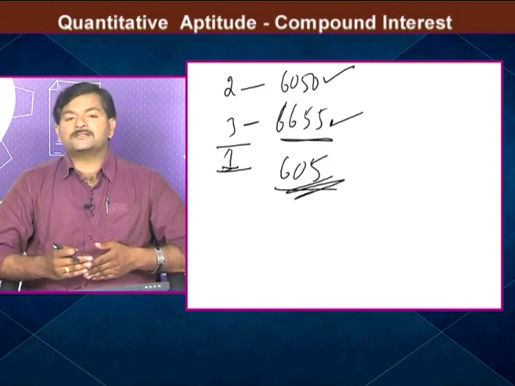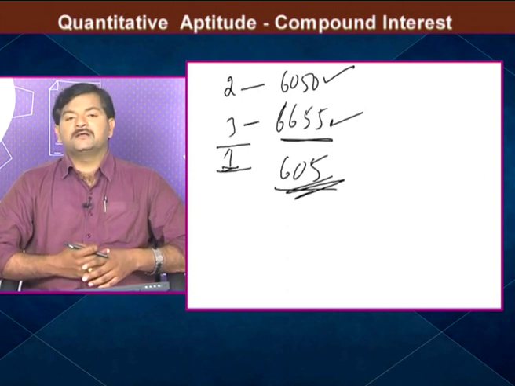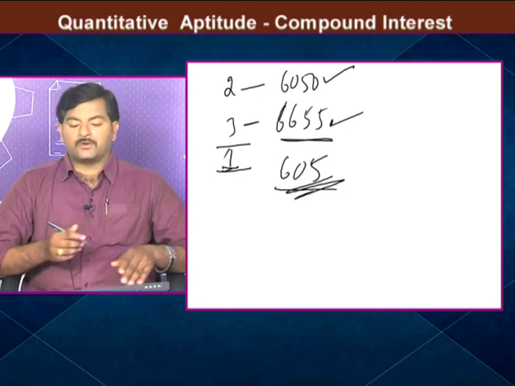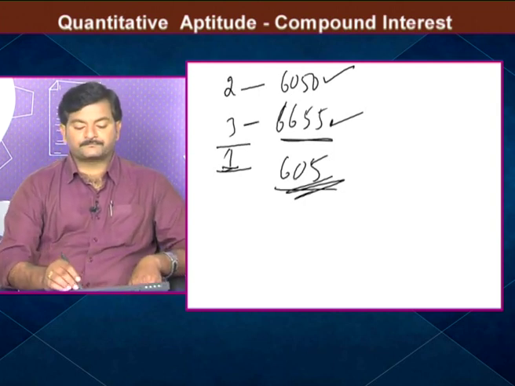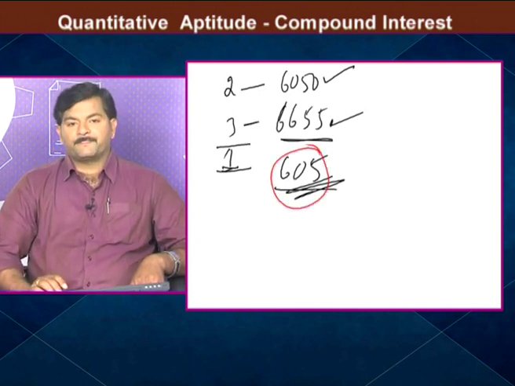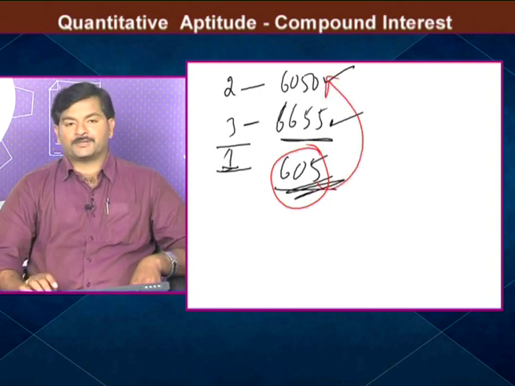The third year amount is considered as principal for the fourth year. The fourth year amount is considered as principal for the next year. So it keeps on going. So I am receiving 605 interest on 6050 rupees.